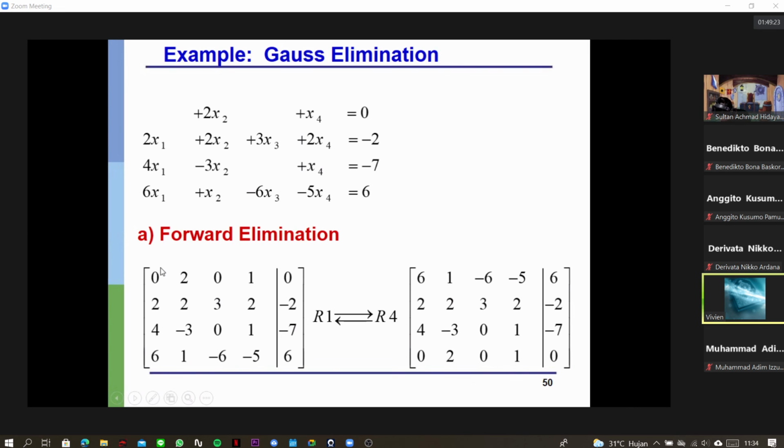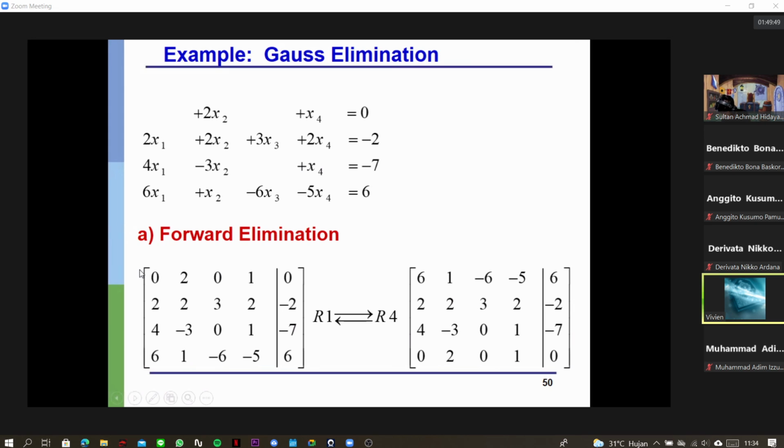But for example, the value in the first row is 2, so we can change the row with the pivot element, in which the pivot element will be the largest value. So we search all of the values in that column and find the largest and use that as a pivot. Is that answering your question?